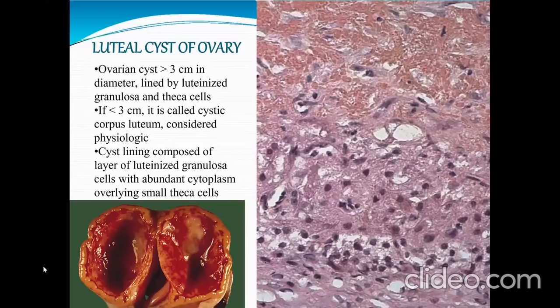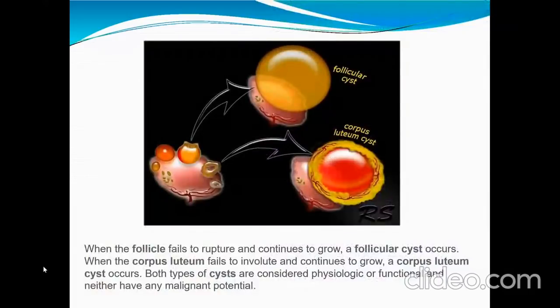So now you will ask, both the follicular cyst and the luteal cyst are having luteinized granulosa cells and theca cells. What is the difference? The difference is the origin. See, when the follicle fails to rupture and continues to grow, a follicular cyst occurs. When the corpus luteum fails to involute and continues to grow, a corpus luteal cyst occurs.